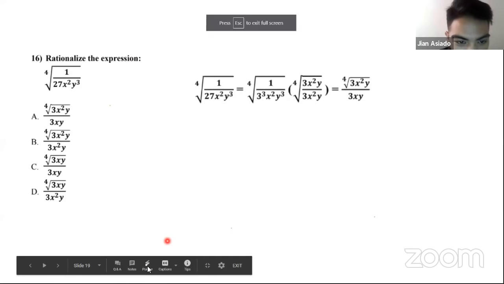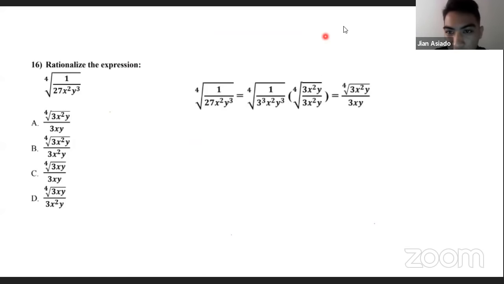Okay, so pag mag-rationalize tayo, gusto natin na mawala yung radical sign sa kanya. So equal yan sa 4th root of 1 over 4th root of 27 x squared y cubed, no?